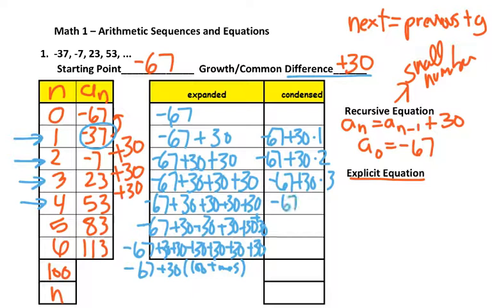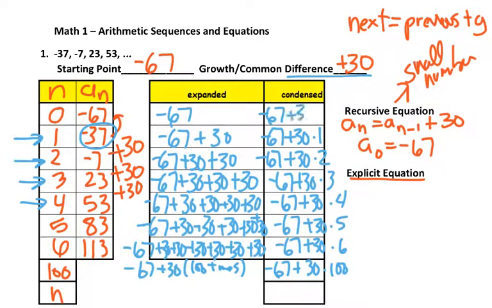Then negative 67 plus 30 times 4. Negative 67 plus 30 times 5. Negative 67 plus 30 times 6. And this would be negative 67 plus 30 times 100. So what would our original be? Well, negative 67 plus 30, but we didn't add 30, so we times it by 0.